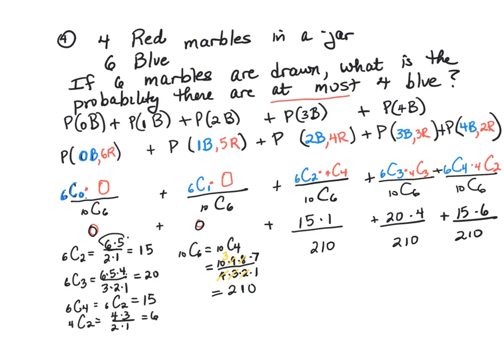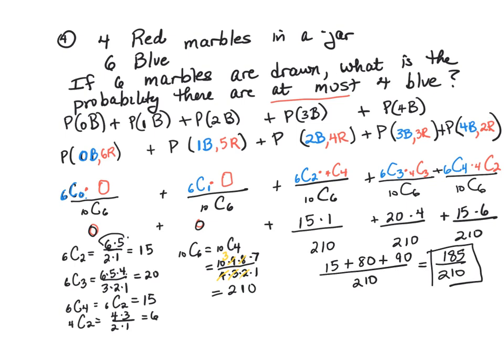When we add 15 and 80 and 15 times 6, which I believe is 90, over 210, we get 185 over 210. And that would be my probability.